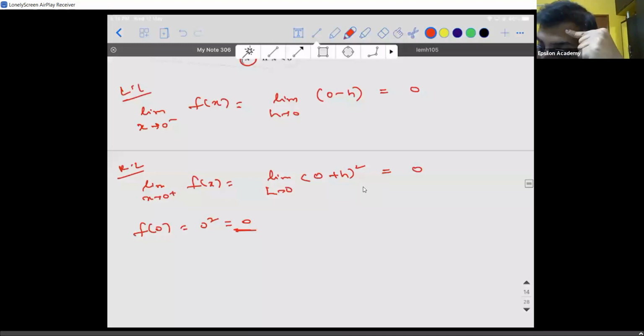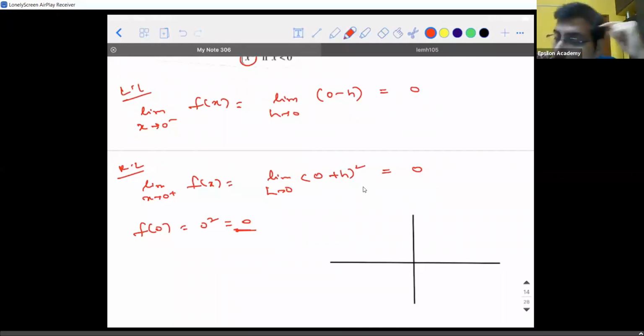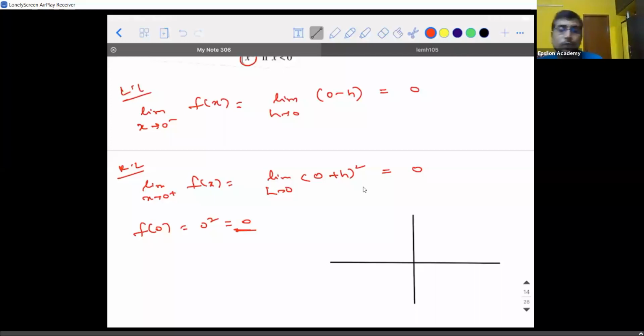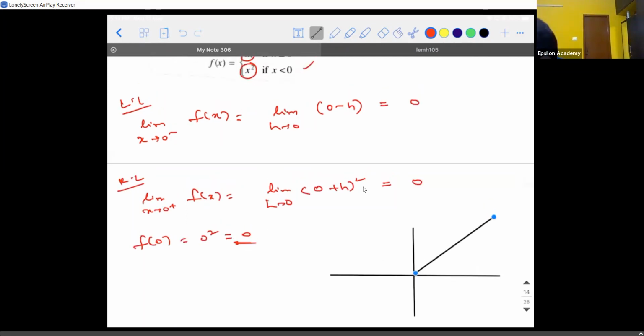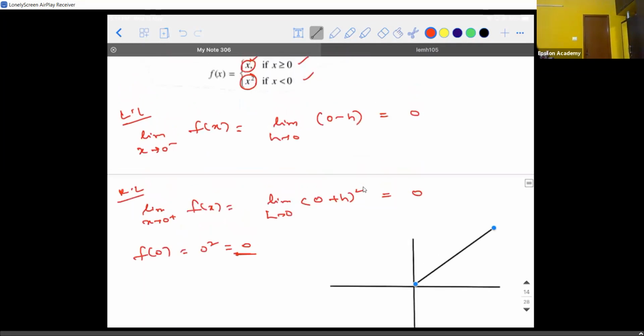Now how will you draw the graph for it? So f of x is equal to x represents an identity function. It will be something like this.